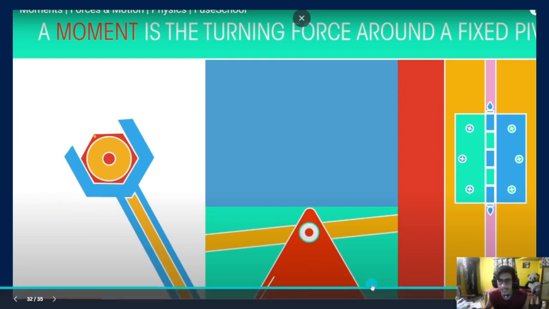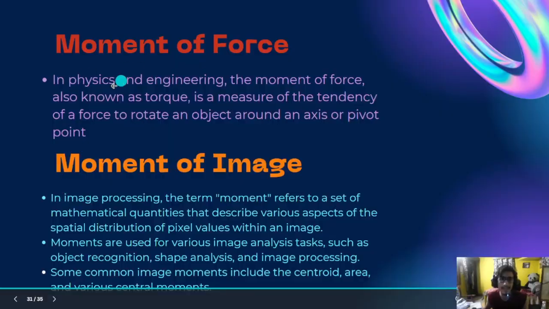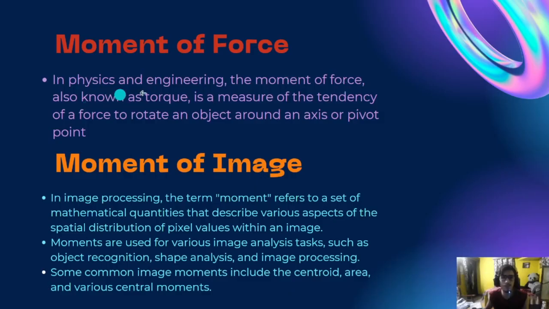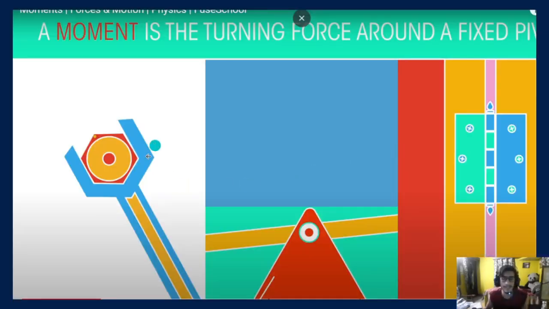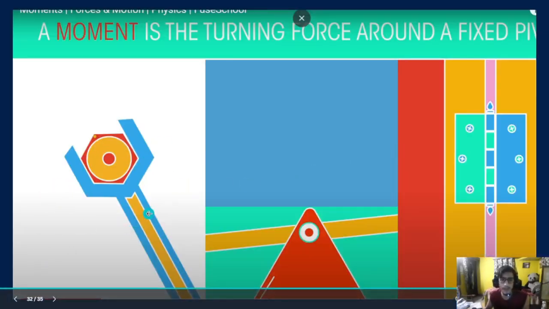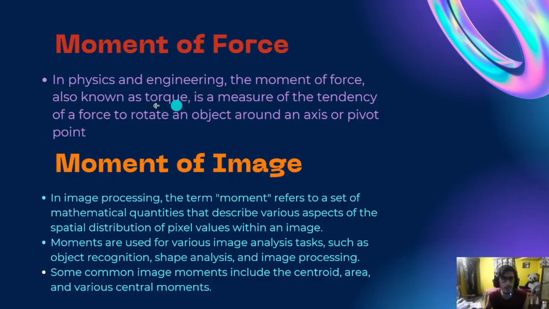Exactly, this is a moment of force. In physics and engineering, the moment of force, also known as torque, is a measure of the tendency of a force to rotate an object around an axis or pivot. So how much force we are exerting to rotate this is called moment or torque. Moment of image.